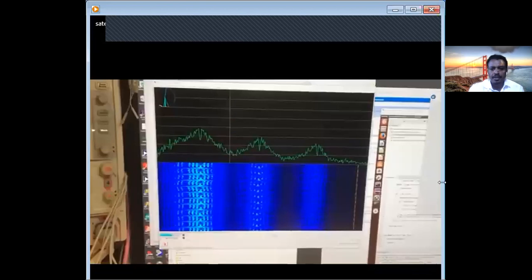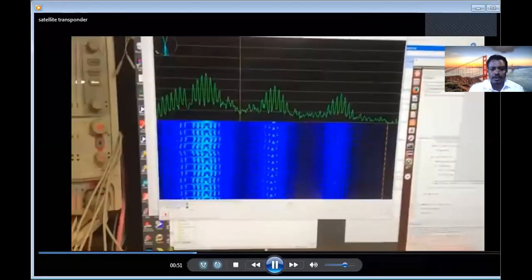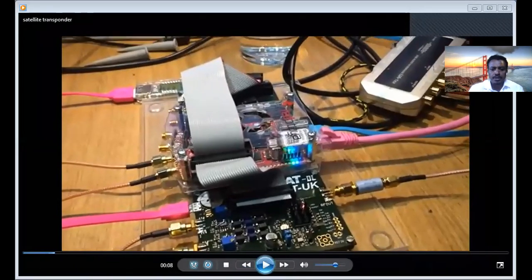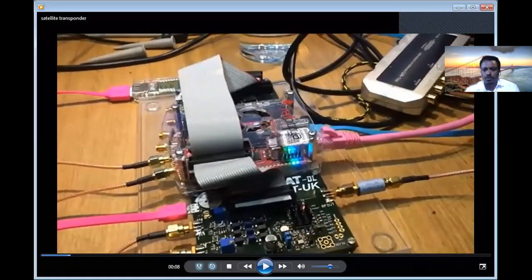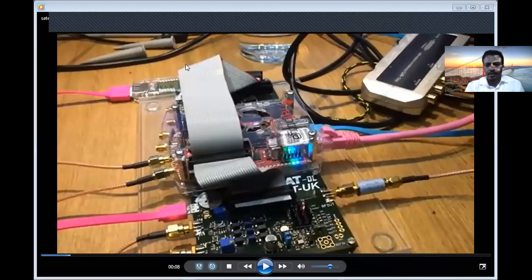So I'm sharing here with you a video which shows the transponder. As you can see here, the satellite transponder is a series of components we put in space in orbit for providing communication service. We call it a transponder.